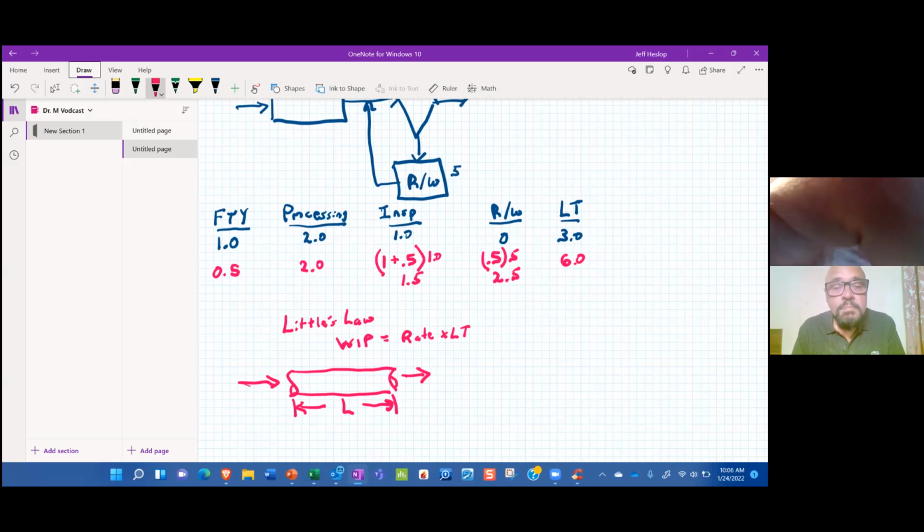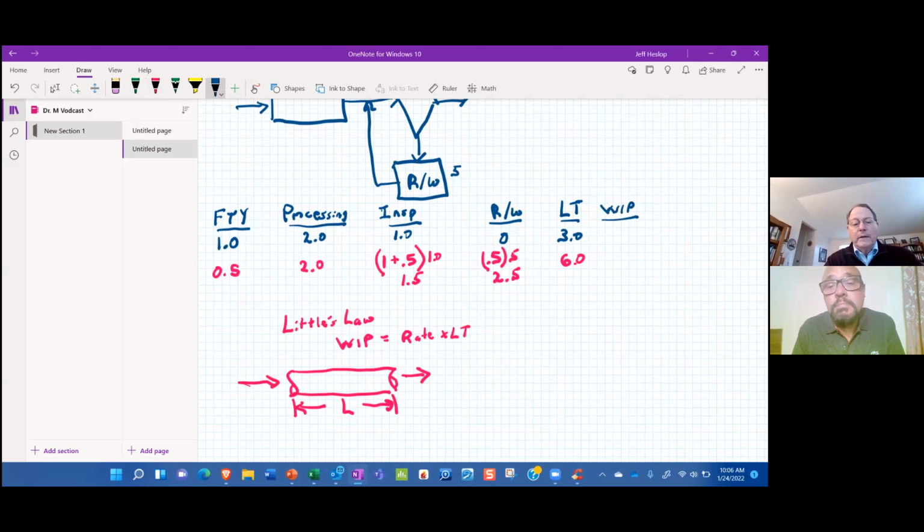So when I do this, I want to know about WIP now. Remember, I assumed the rate was 2. So I take the rate of 2 times the lead time. So this is 6 pieces, let's say, and this is 12. I'm taking the same rate times the respective lead times.